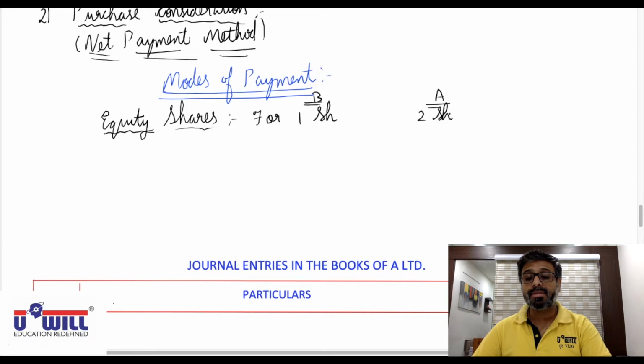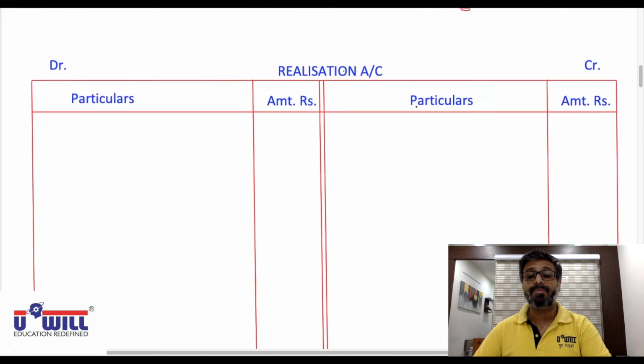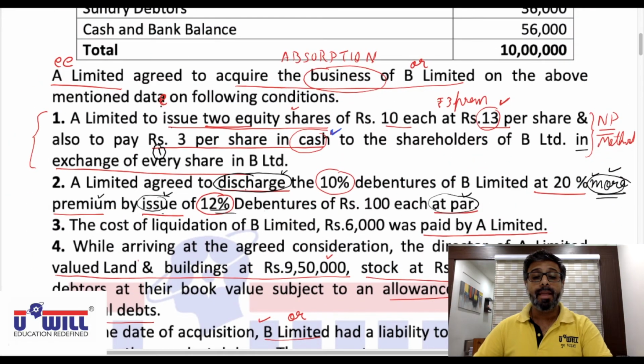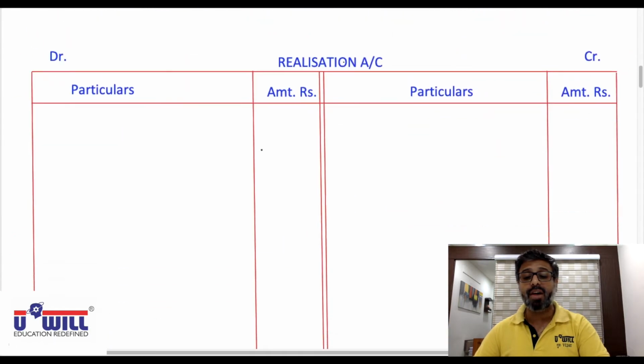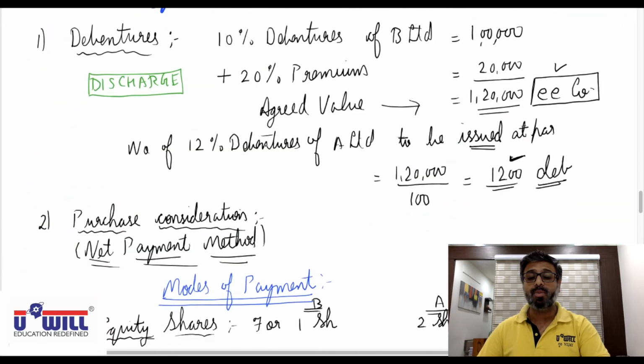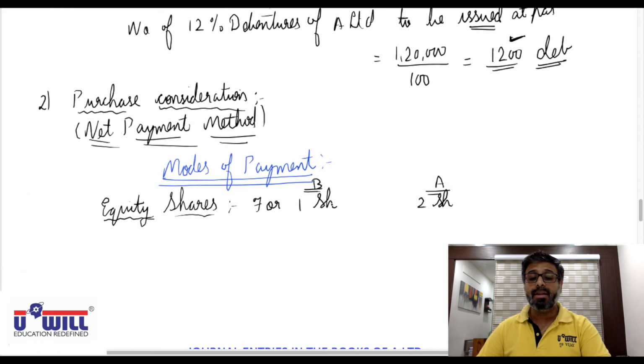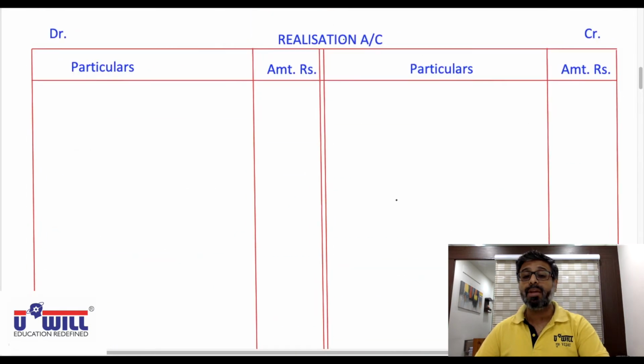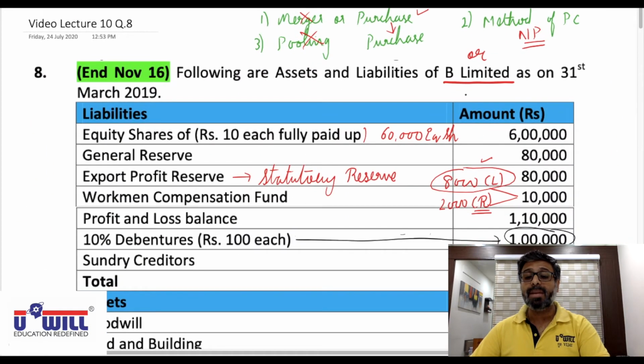2 shares. Okay, see this once again. Read it once again. A Limited to issue 2 equity shares means you will get 2 equity shares of A Limited in exchange of 1 share of B Limited. Now see at the top, this is B Limited's balance sheet.